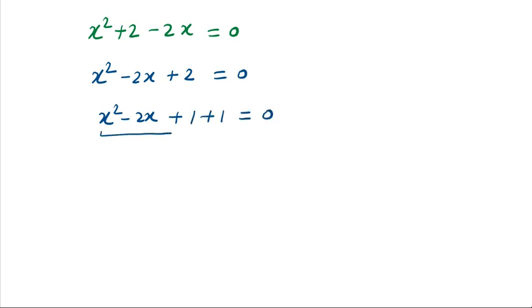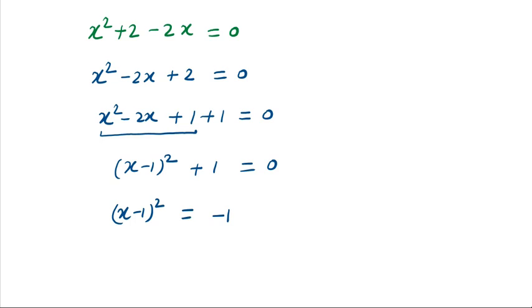Look carefully at these three terms. This is a perfect square expression. Here we will write the answer of this trinomial, which is x minus 1 whole square plus 1 is equal to 0. Now x minus 1 whole square is equal to this plus 1. If we take the right hand side, then this is minus 1.